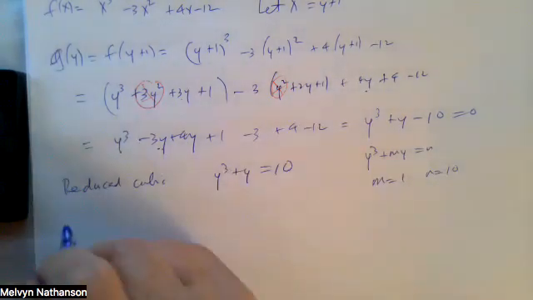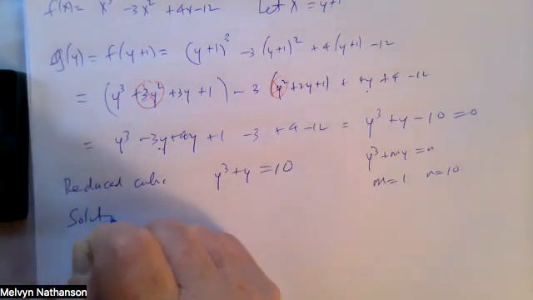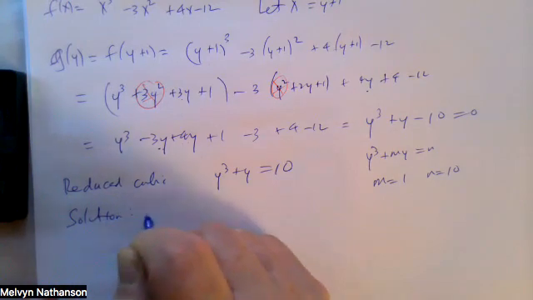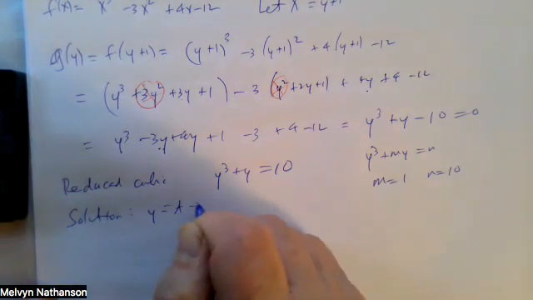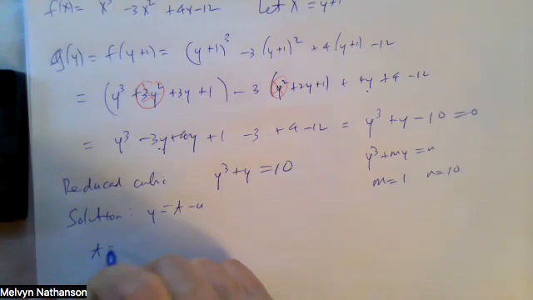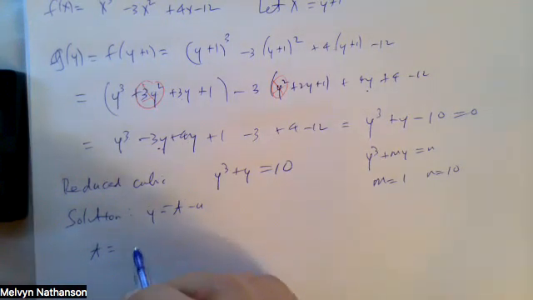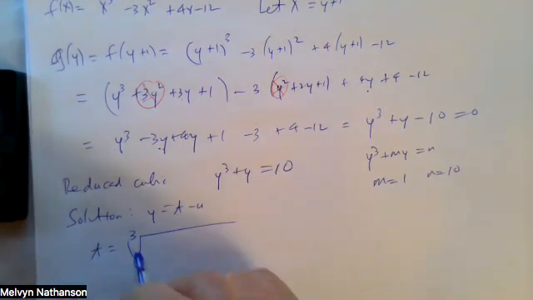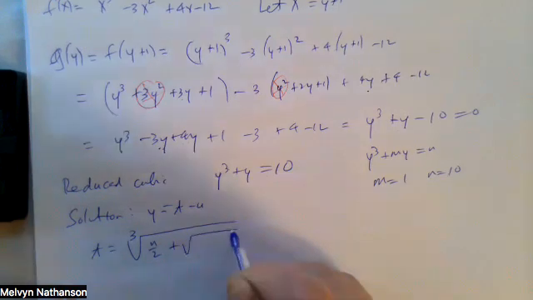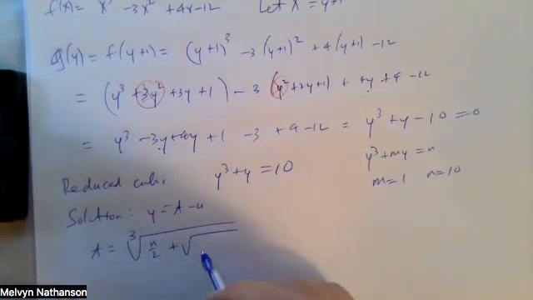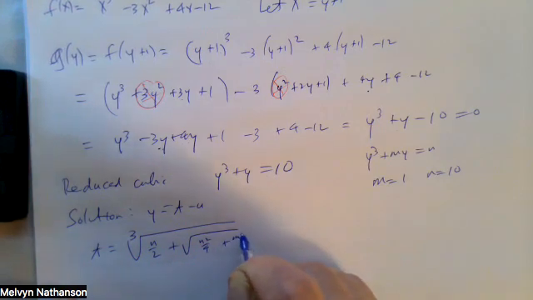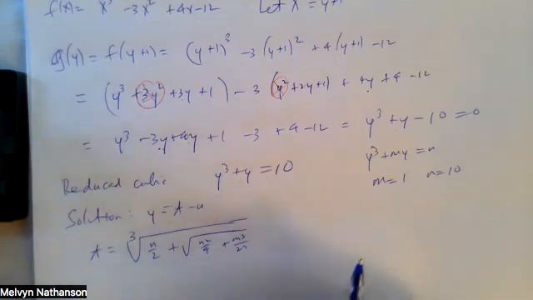So we're going to let the solution be y equals t minus u, where t is the cube root of n over 2 plus the square root of n squared over 4 plus m cubed over 27.